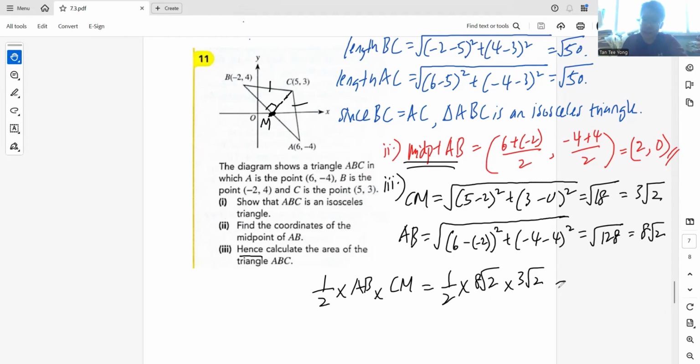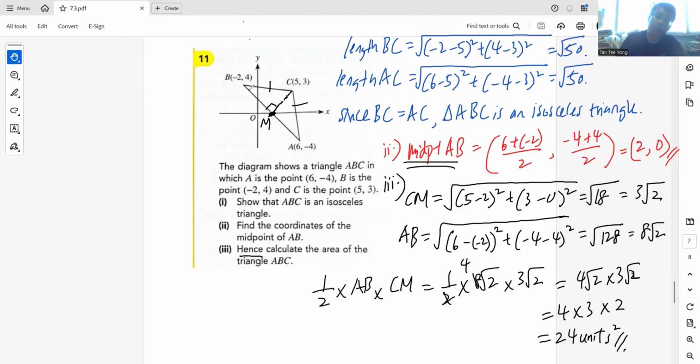Let me do some manual working to show you. 2 and 8 can cancel, so you have 4 root 2 times 3 root 2, which equals 4 times 3 times 2, which is 24 units squared. So the area of the triangle is 24 units squared.